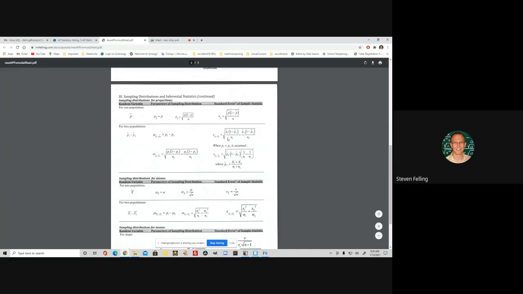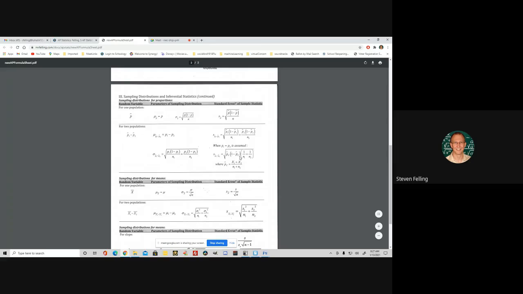And then it shows that formula, p1 hat q1 hat over n1 plus p2 hat q2 hat over n2. But then it says whenever you're assuming p1 equals p2, which is true for hypothesis tests, then you should use this alternate version where you have a combined total here. And this is just an algebraic manipulation of the one we just showed on the other screen.